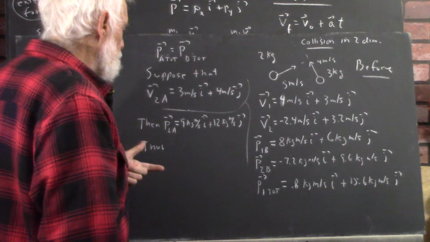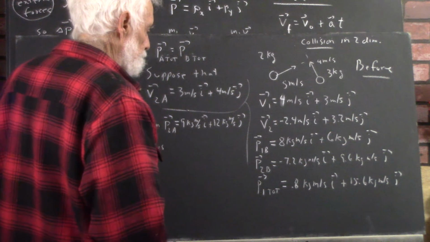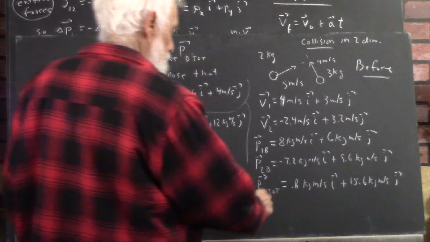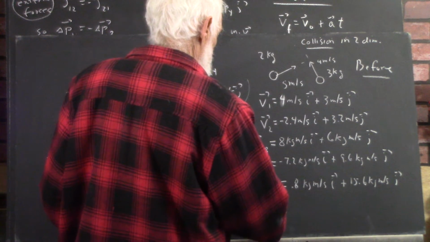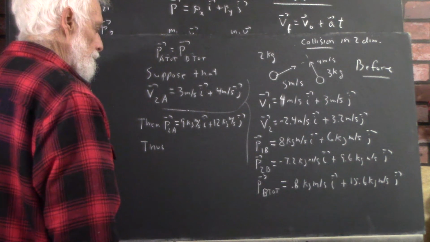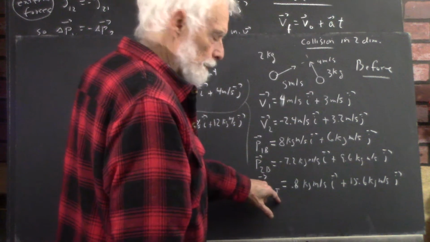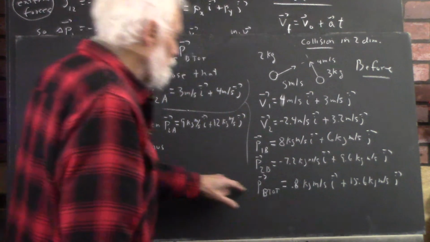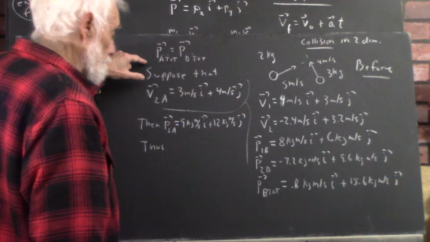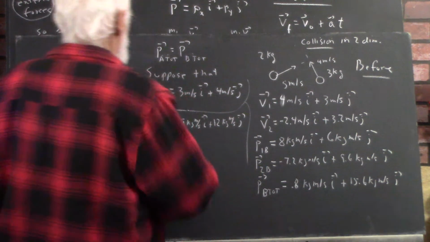And our conclusion then is going to be, and here I wrote P1 total. That should be P before total. Okay. So here's your total momentum before collision, and that has to equal your total momentum after collision. And now we're going to write that out. Okay?